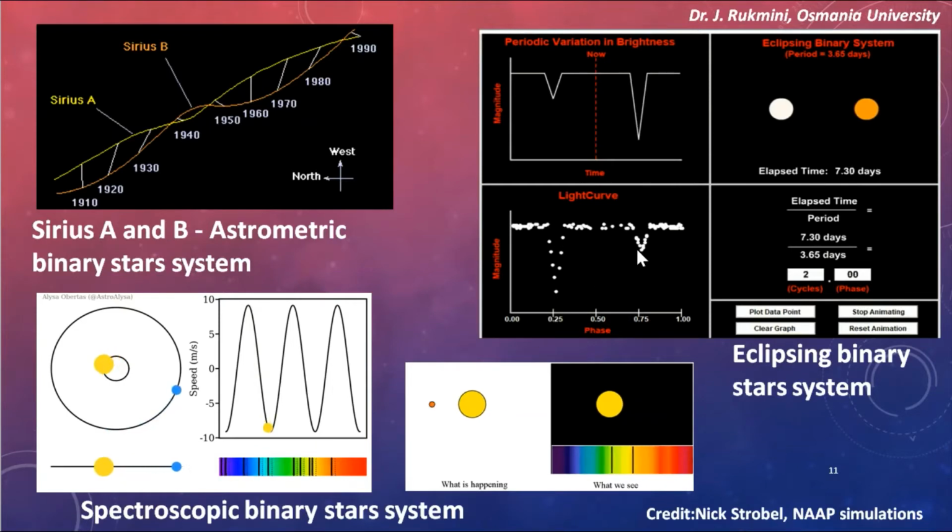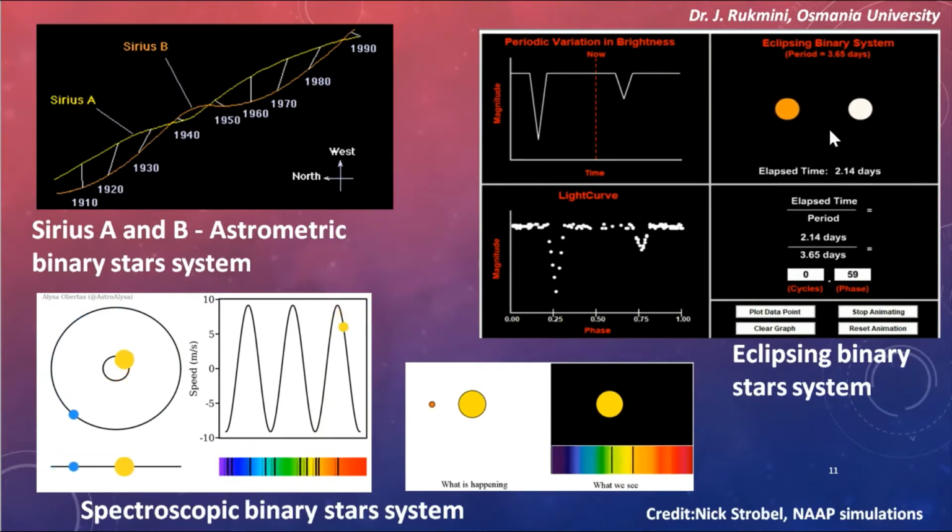Here you can see another method, the photometric method, wherein eclipsing binary stars are studied. In the photometric method, the mutual eclipses of the two components would periodically increase or decrease the brightness of the system.